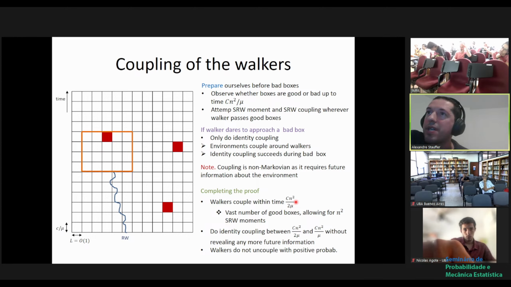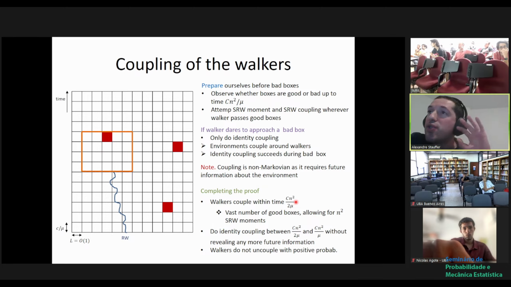And you could also talk about the mixing time of just the walker. We have to define it properly, but you can talk about the mixing time of the walker alone, and they're the same. Both the full system and just the walker have the same mixing time. Yeah. Okay.